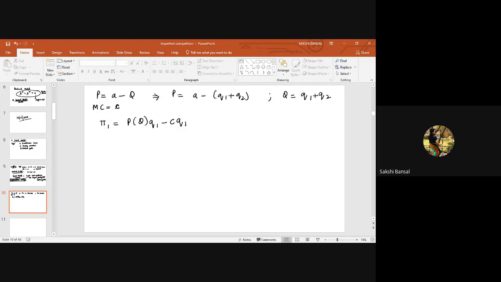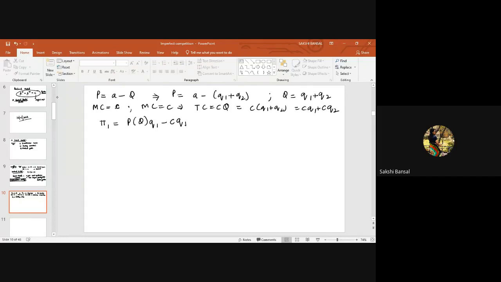It is TR minus TC: price multiplied by the quantity produced by firm 1, minus total cost. If I am deriving total cost from MC, then total cost is this, so I can write like this.